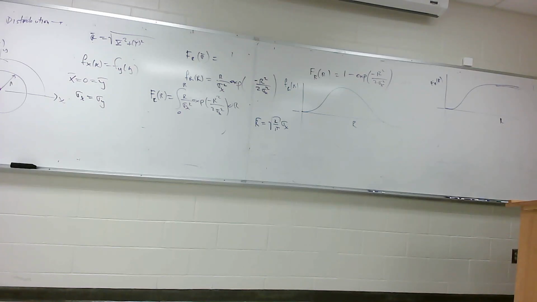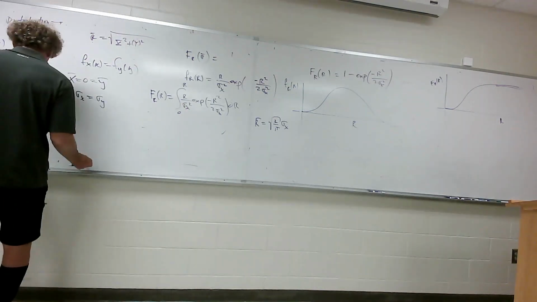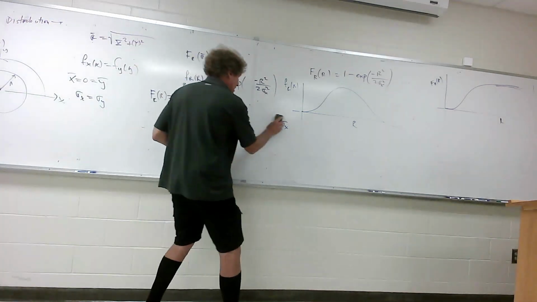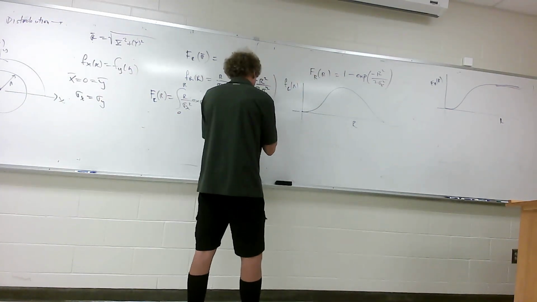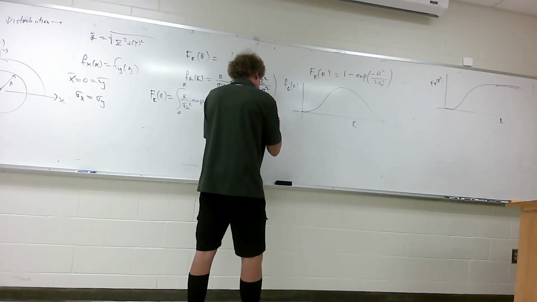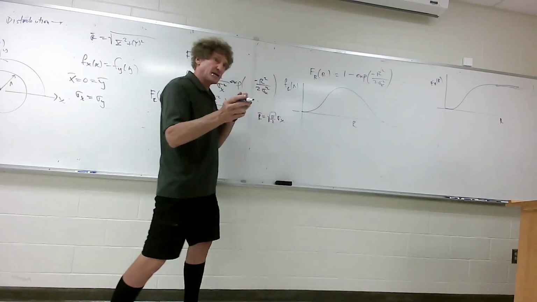Oh, I'm sorry, I got it upside down. This equation didn't have a number there. It's pi over 2, pardon me. Pi over 2 times this. So the mean value of R is equal to square root of pi over 2 times sigma of x. You see that in there?